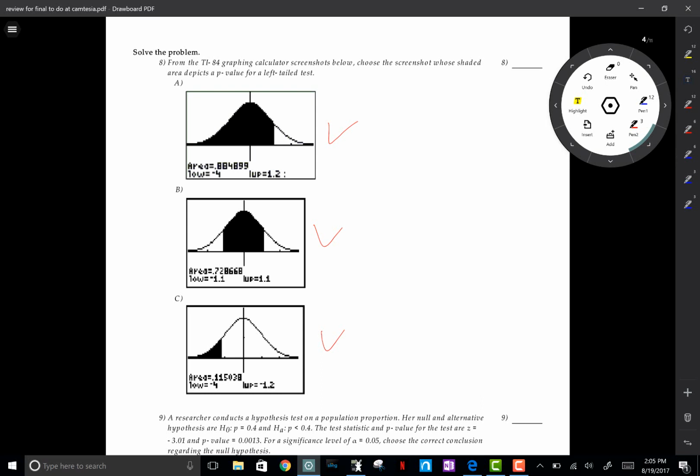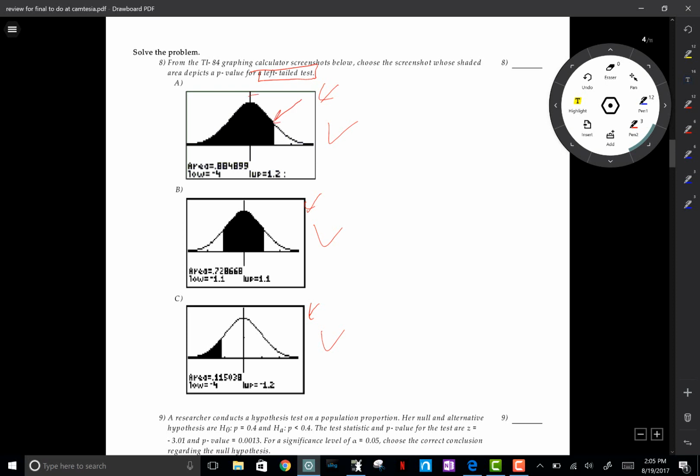For this one, if you look right here, it's asking which of these graphs represents a left tail test. For a left tail test, you know that the tail on the left side should be shaded. So all you have to do is go around and check if the tail on the left side is shaded.